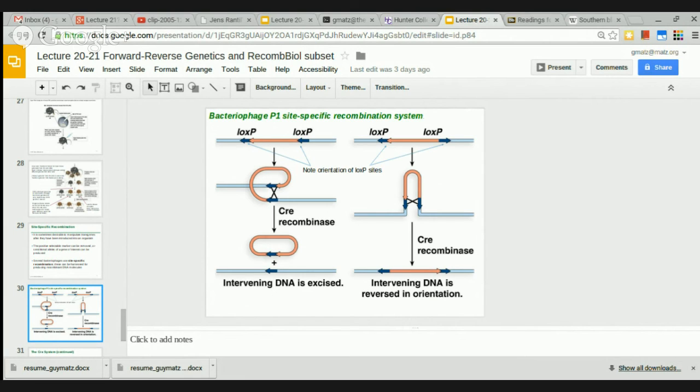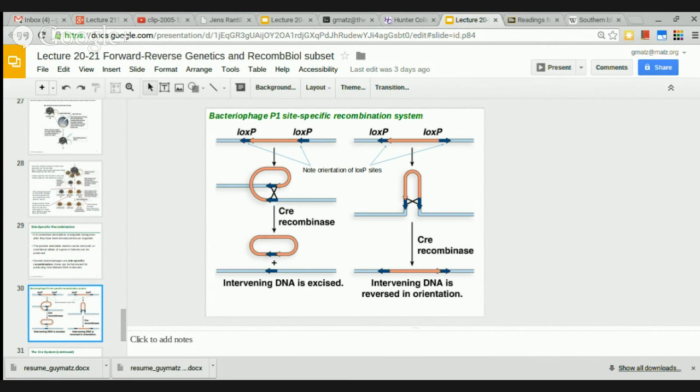But we can put two LoxP sites in our genome, and if they're in the same direction as shown by these arrows, which means the sequence is in tandem, okay? Then when we add Cre recombinase, we can cause recombination and get something to loop out of the DNA.